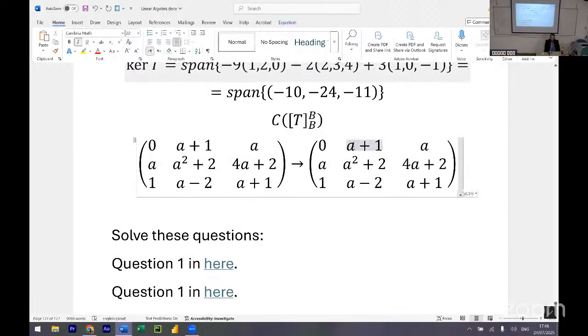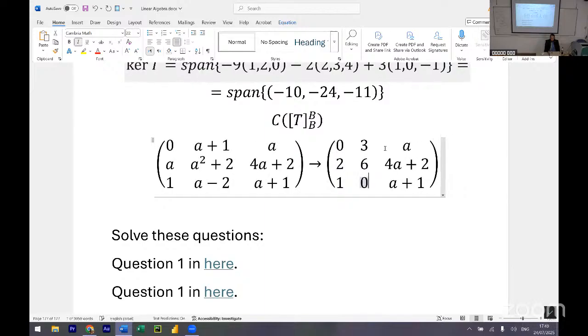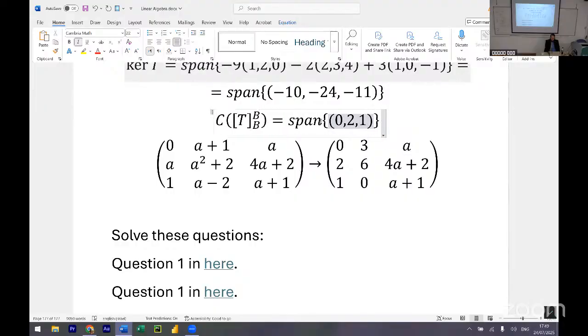So that's 3, that's 6, that's 2, that's 0. I don't care about it because I only need the first two. So it's the span of 0 2 1 and 3 6 0, which we can make into 1 2 0.